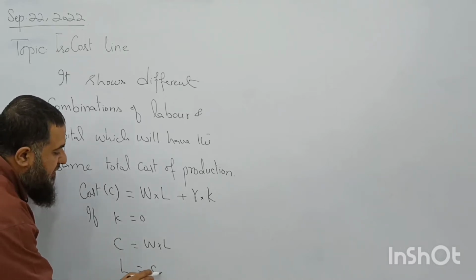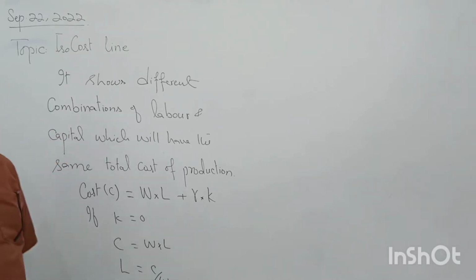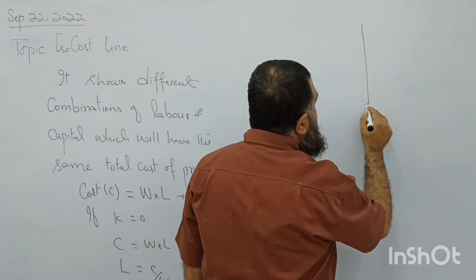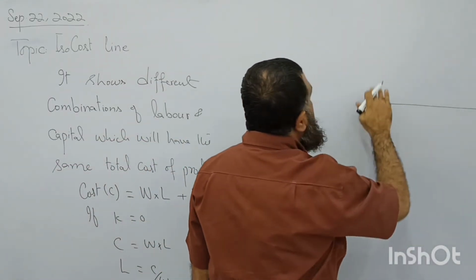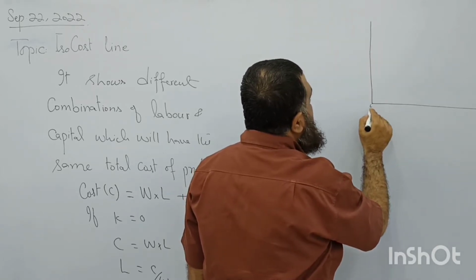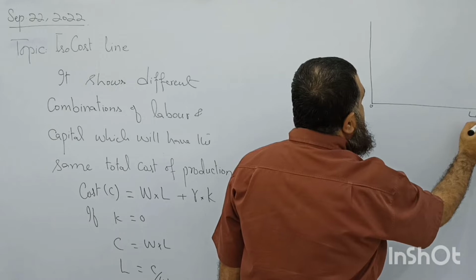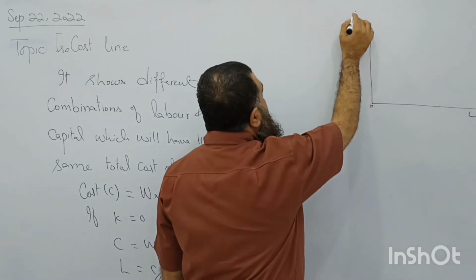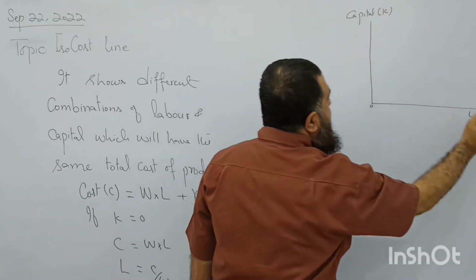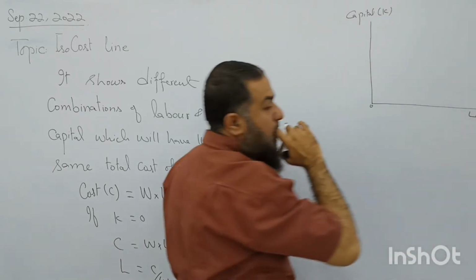L can be C over W. Clear? Here I am taking labor and capital. This is labor and this is what? Capital, which we denote by K, and here it is denoted by L.